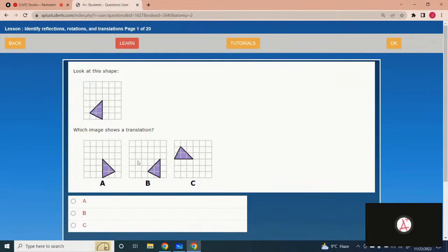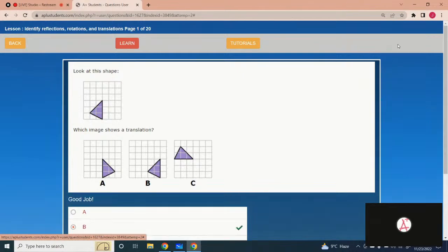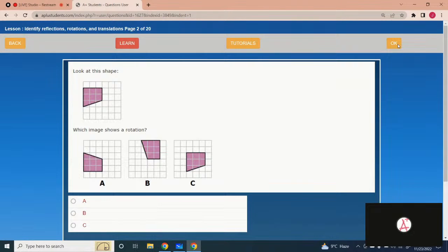A is the reflection. C is the rotation around this point. So B is the translation. Yes, B is the translation. Got it? Yes, very good, Emmanuel. B is the translation.